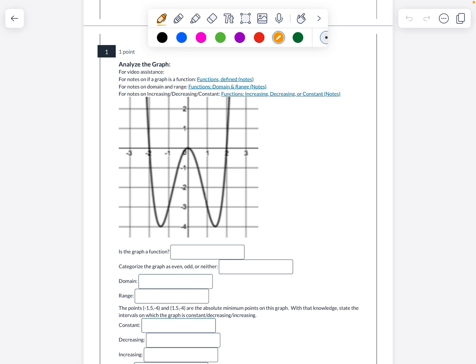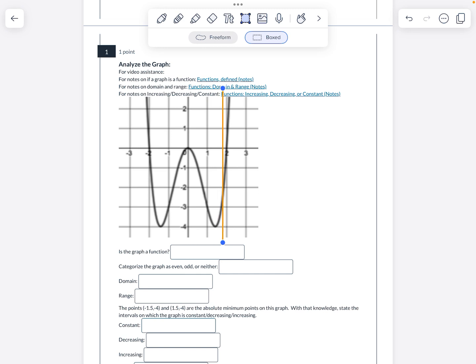The way that we know the graph is a function is because if we were to take a vertical line and move that vertical line across the graph, that vertical line would only intersect the graph at one location every time I move it.